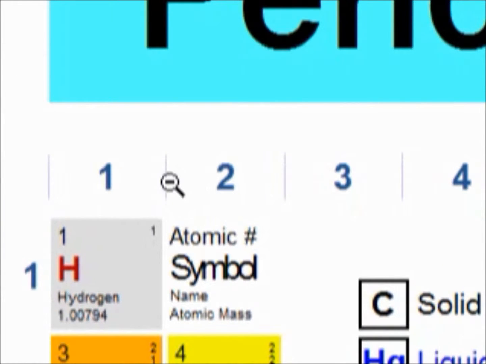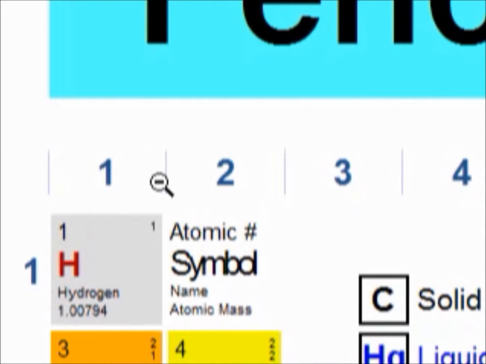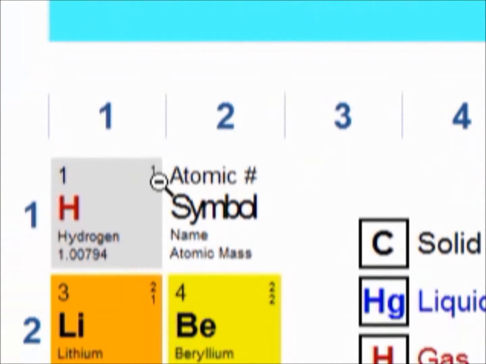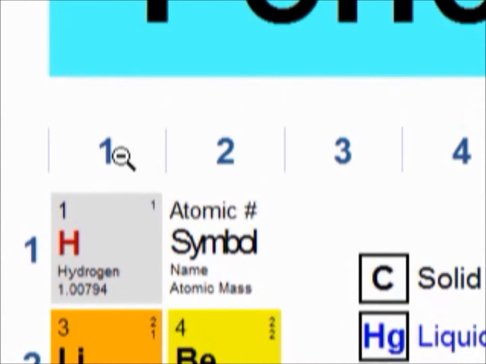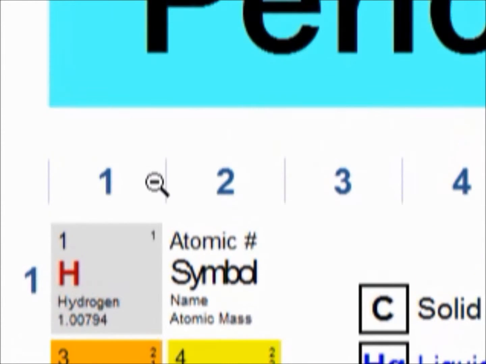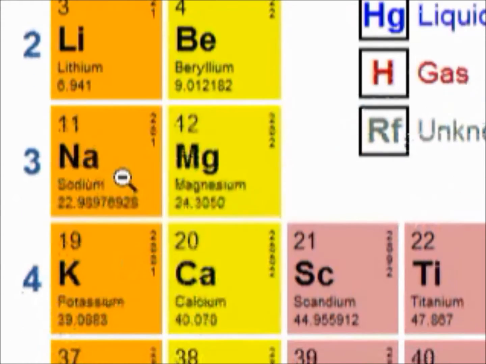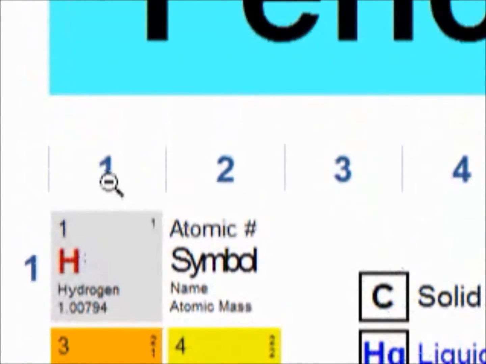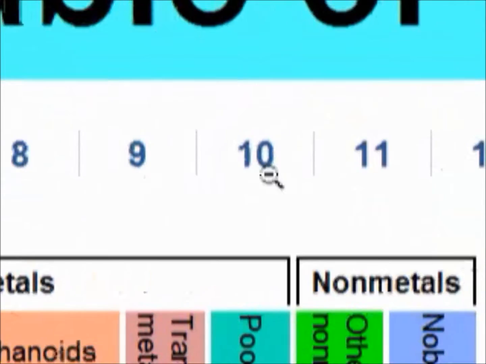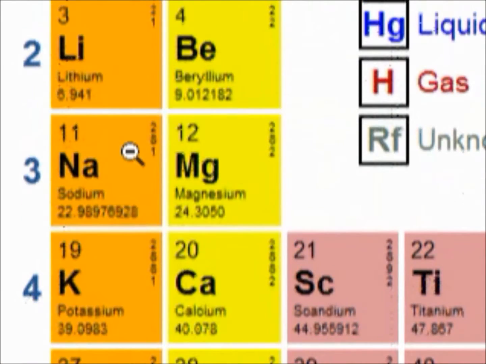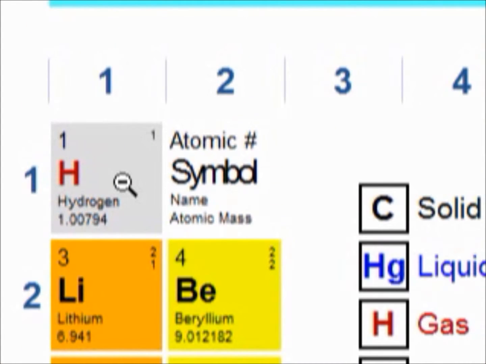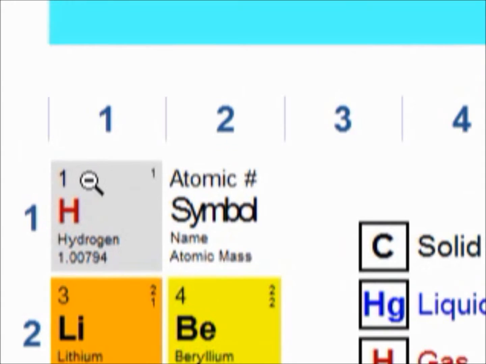Valence electrons depend on your group. The groups are going down this way again. So groups are up here, and depending on what group an element is in, that's the number of valence electrons it would have.